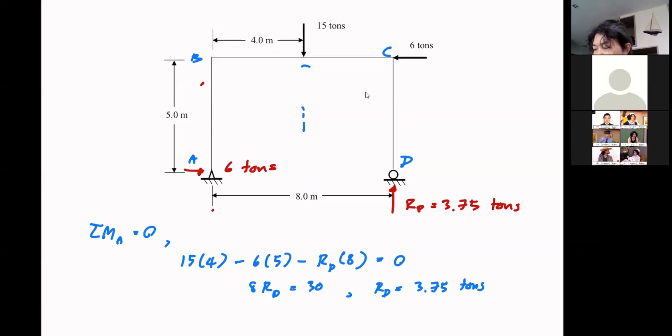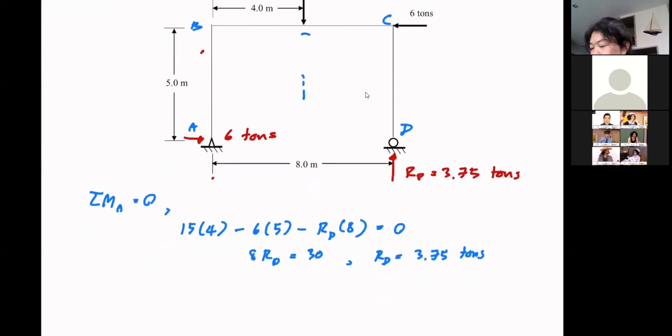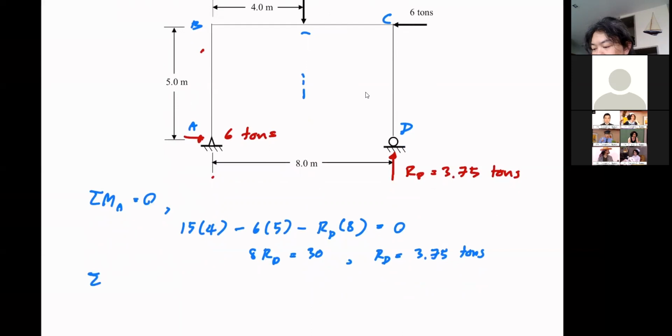Because if by any chance, sheer bad luck, somebody just bumped you while you are pressing your calculator, so you punch the wrong button and get the wrong reaction here, and you go ahead and take sigma Fy equal to 0, the rest is completely messed up. So it would be wise to try to take moment again at D and see what happens.